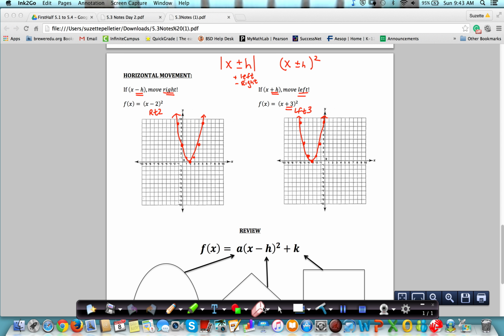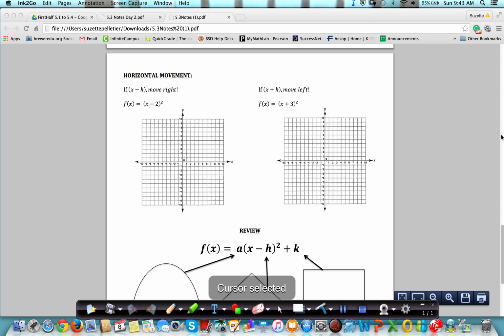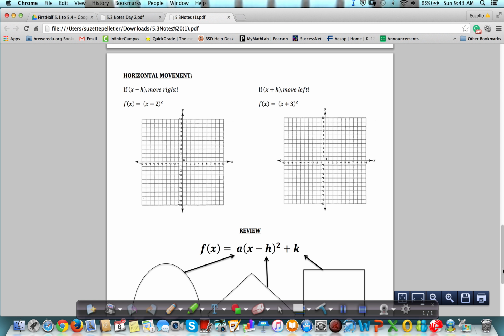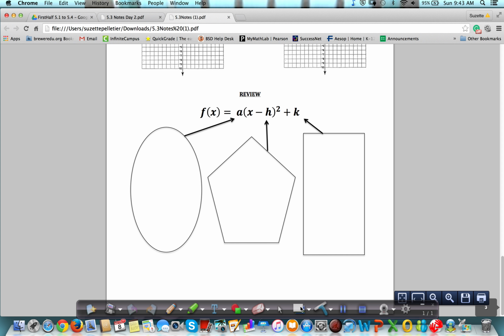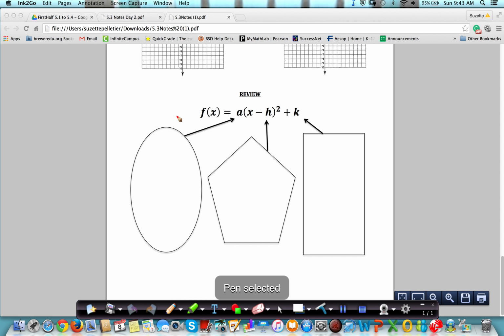Okay? So just to very quickly review, I'm going to move the page again just a tad. We have what each of these terms tells us. So the A in the front, if it is positive, tells us that it opens up. If the A in the front is negative, it tells us that it opens down. The other thing that the A tells us is shape.